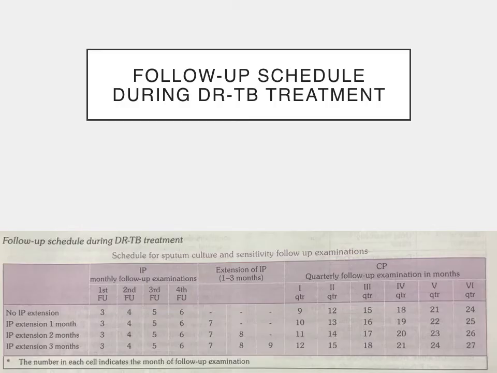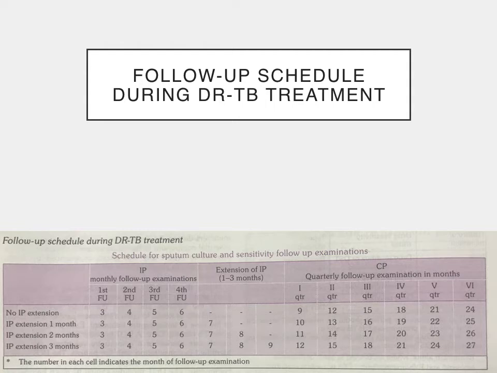As far as the follow-up schedule is concerned, you can see in this slide, which is again self-explanatory, the case with no intensive phase extension, and if there is an intensive phase extension of 1 month, 2 months, 3 months, how frequently the monthly follow-up examinations need to be done.